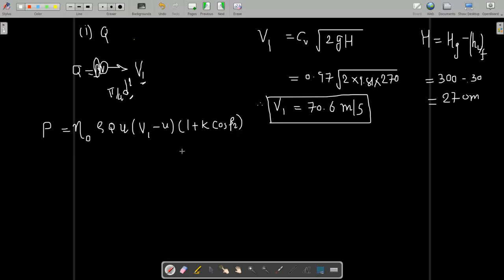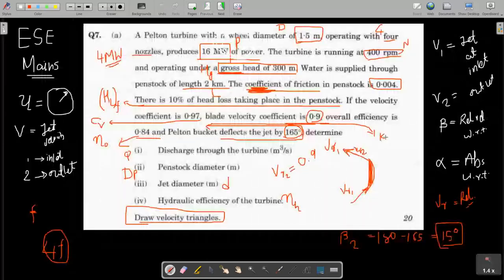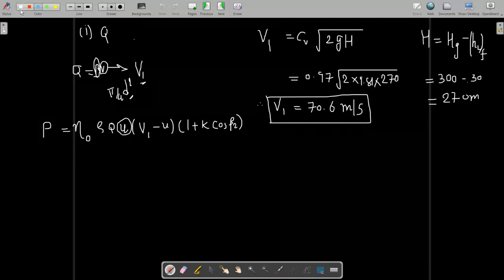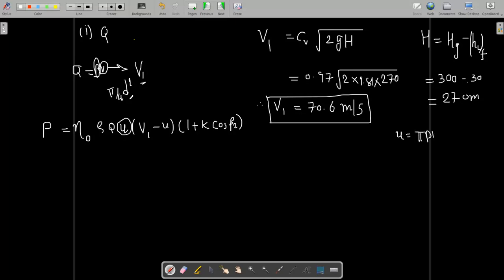I have given the meaning of each and every nomenclature. Now we have all these values except U. What is U? That means the runner speed or bucket speed. From where can we find it? That is also given: RPM is given and diameter is given. The peripheral velocity of the turbine is given by U is equal to pi D N by 60.